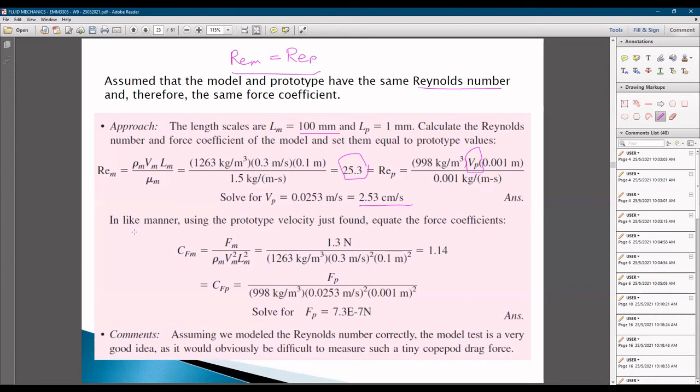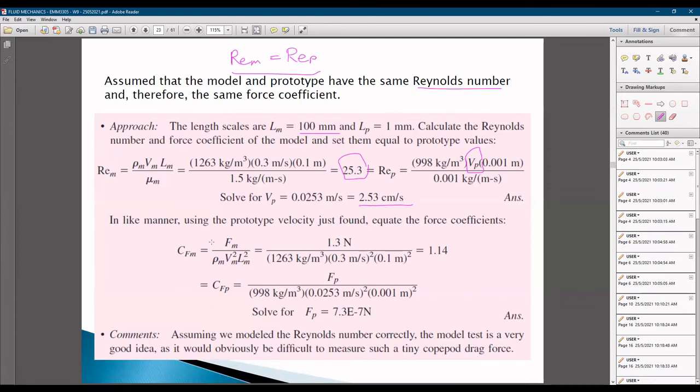In like manner, using the prototype velocity just found, equate the force coefficient. Just now we know that in the actual prototype, the creature, it will experience a speed of 2.53 centimeters per second.